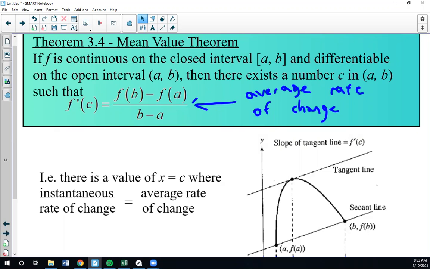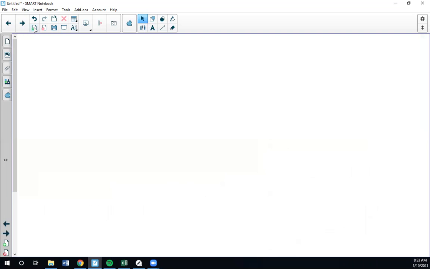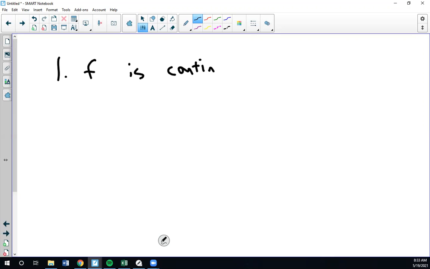Now, your steps, the things you need to do for a mean value theorem problem. First thing you need to do is say that f is continuous and differentiable.